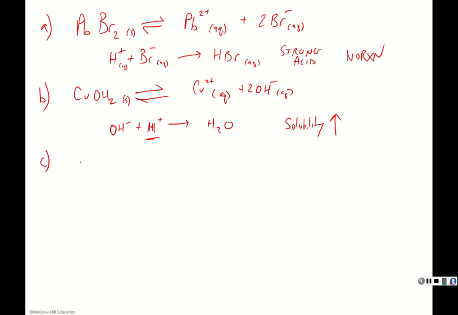Finally, we have iron sulfide, FeS. Again, that's a solid. That makes Fe2+ ions plus S2- anions. If you add an acid, it's going to react with the S2- anions and make HS-.